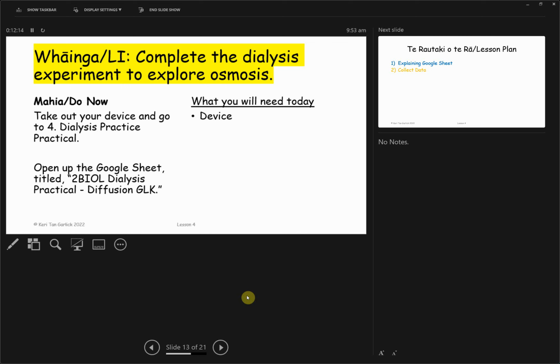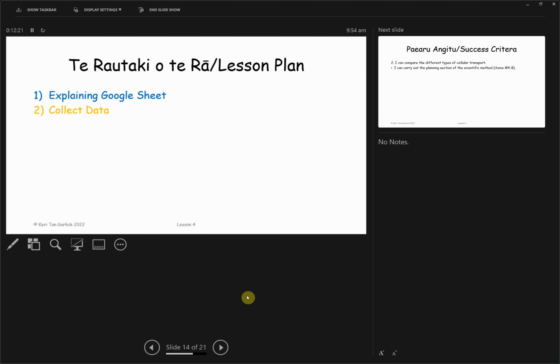The lesson plan is going to be really short: I'll explain how to collect your data and how I want you to get going on the report, and then you have the remainder of the period to collect your data and start processing it. Cool? And then my plan for Thursday when I see you is to give you more time to wrap up this practice practical.